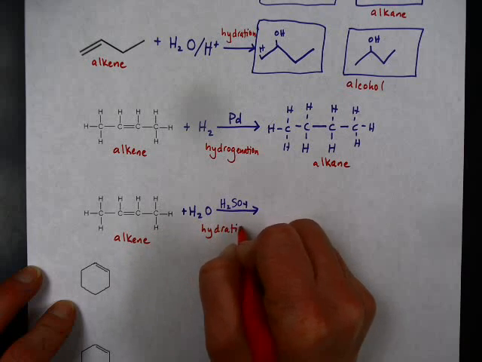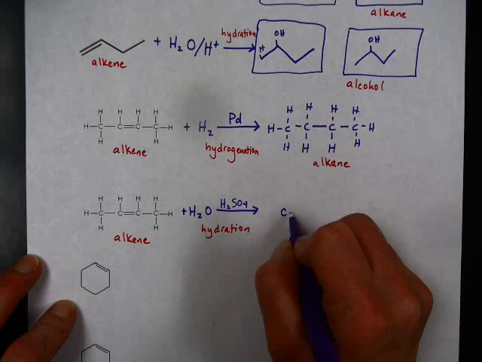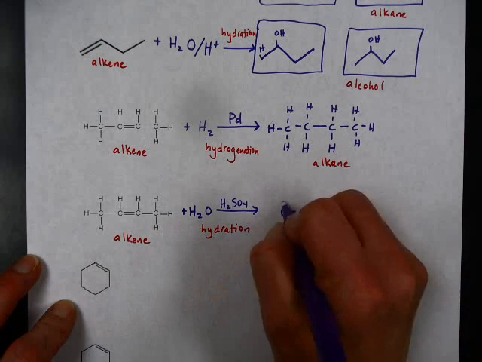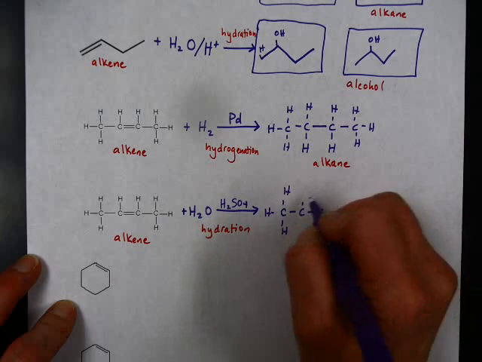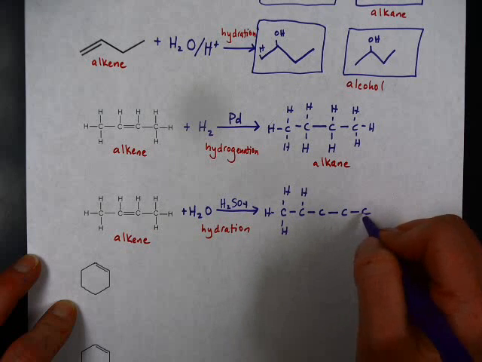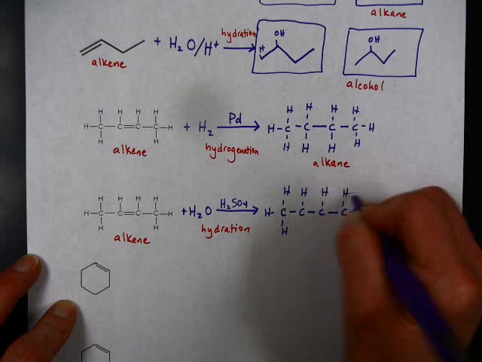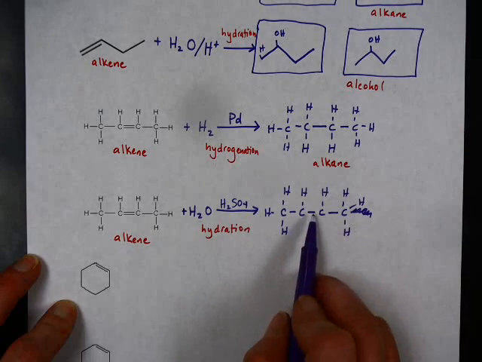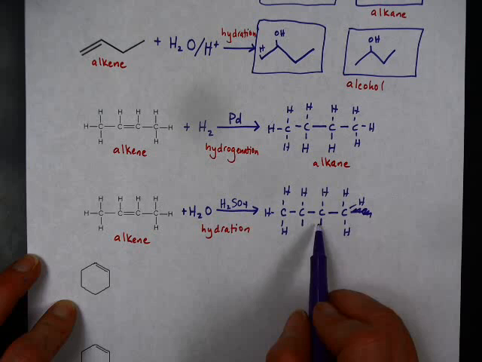But the reaction goes the same. We keep the molecule exactly the same, except that the double bond turns into a single bond again. Everything is the same, except my double bond here has turned into a single bond, and now there's space to add one new bond to each carbon.